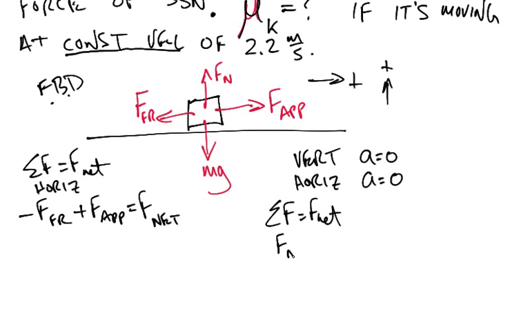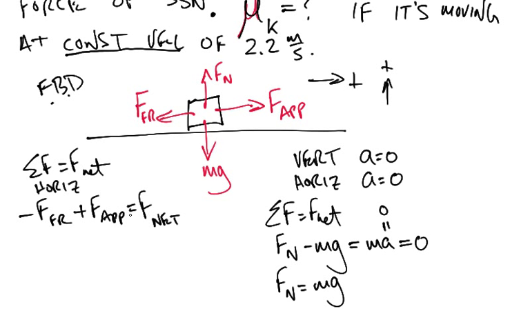So that would be Fn minus mg equals ma, which is F net. But this is 0 because a is 0. So in fact, what this equation ends up being is Fn equals mg. If you take the mg to the other side, it becomes positive.